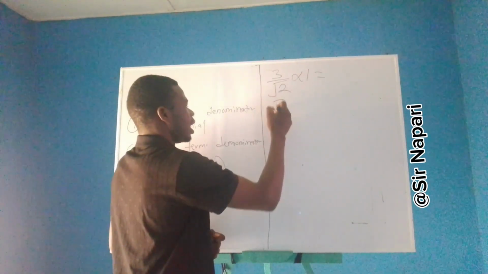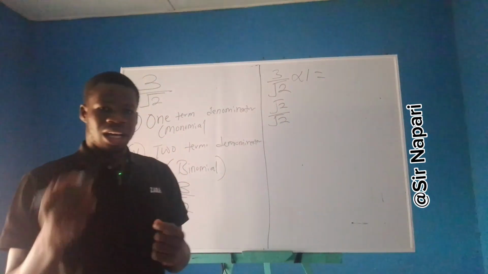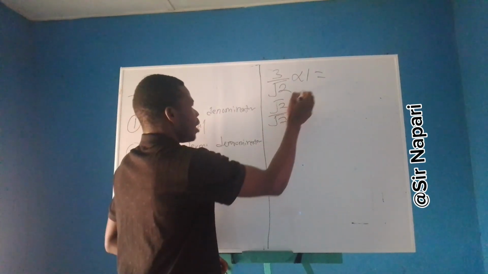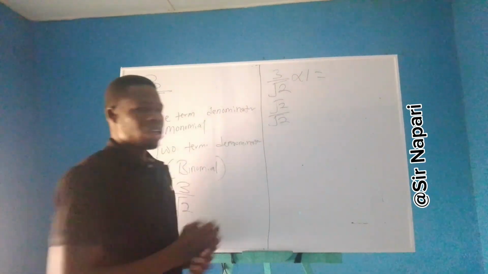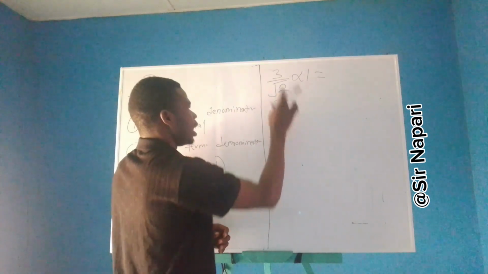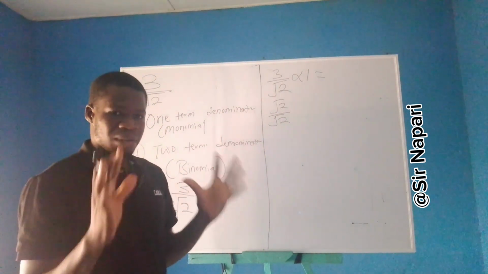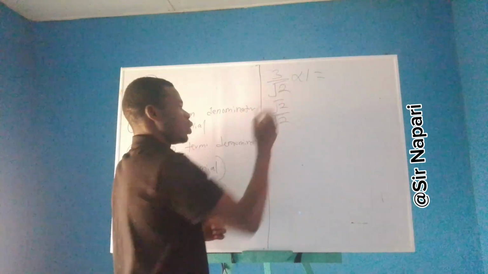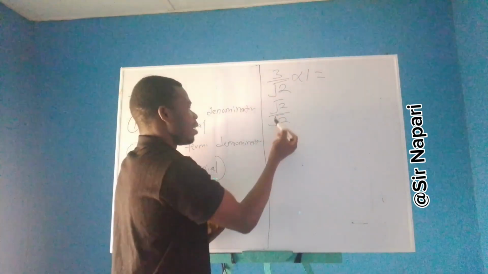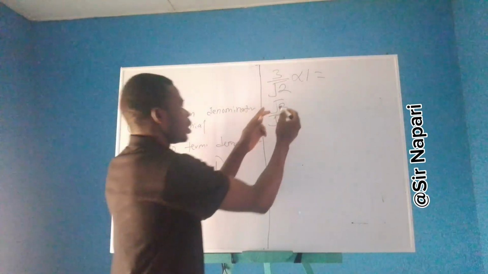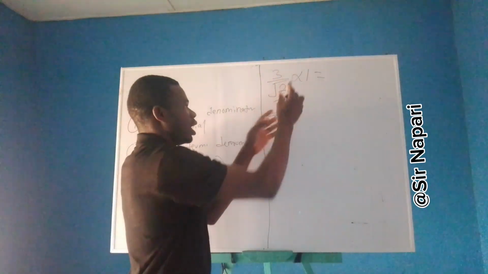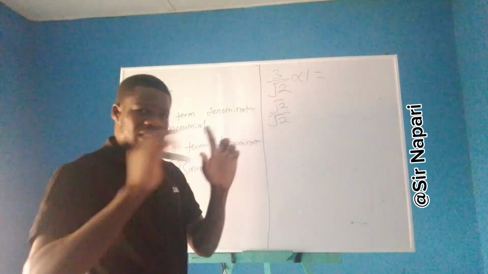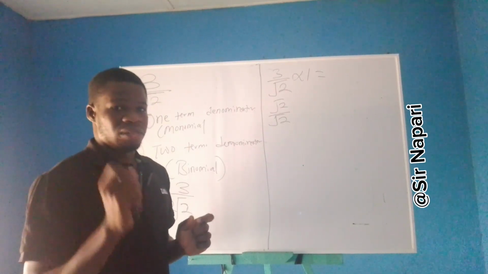Because any number divided by itself, the outcome is 1. So we can rewrite this 1 in this particular form, and then we'll now multiply it by our fraction. Remember, the goal is that after multiplying, our fraction should be the same. So if this divided by this will give us 1, if we multiply this by our fraction, the outcome that we will get will also be the same as this one, just that the structure may be different.